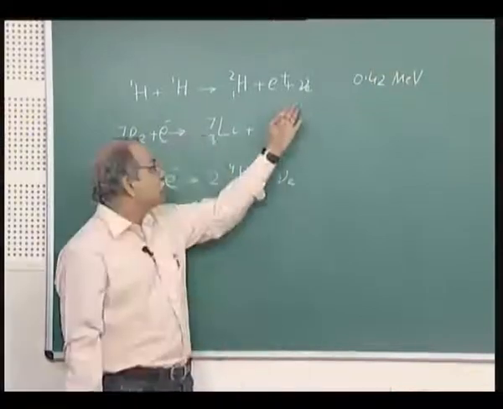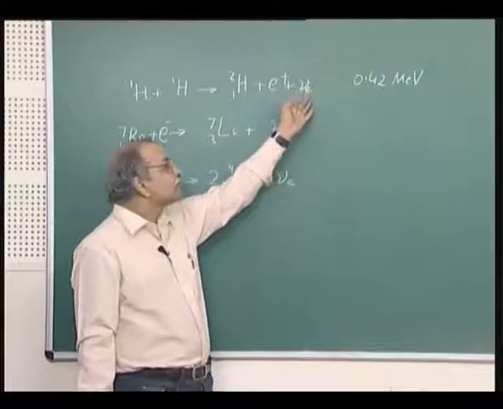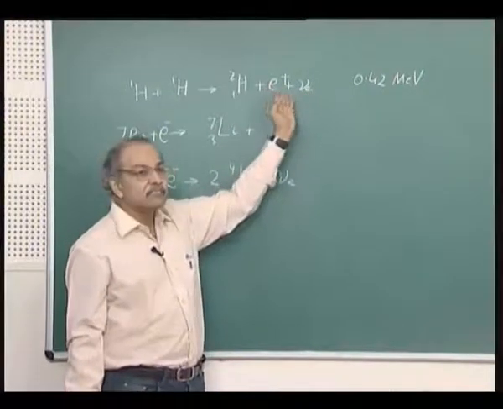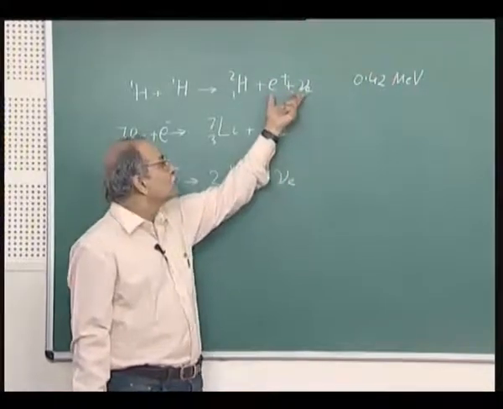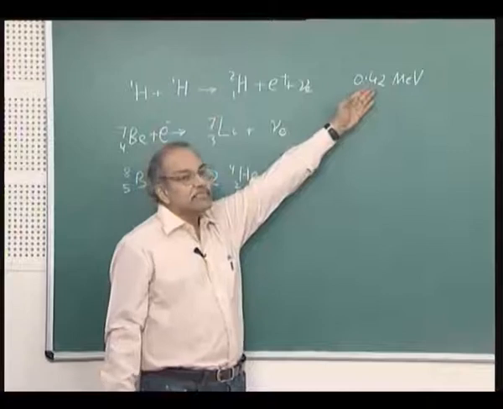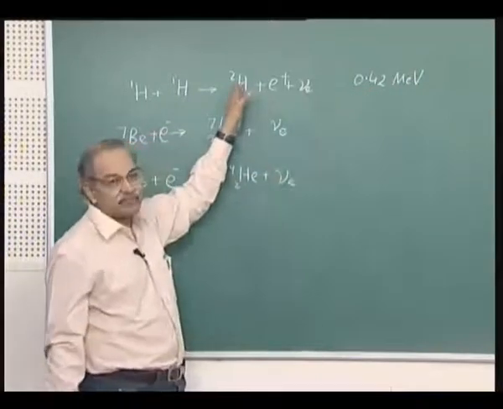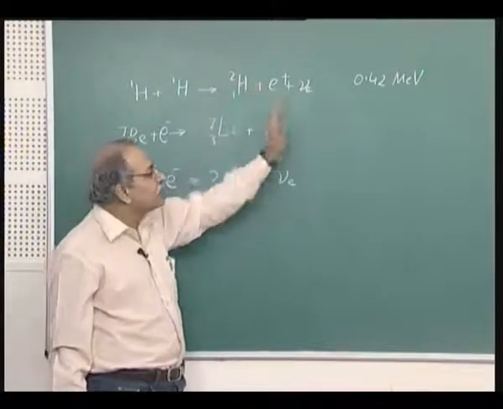That is how Pauli proposed the existence of neutrinos. So both this positron and this neutrino will have a continuous energy distribution, because the total should be given by this 0.42 MeV, barring some small recoil energy that might have been taken by this 2H. So it is a continuous variation.